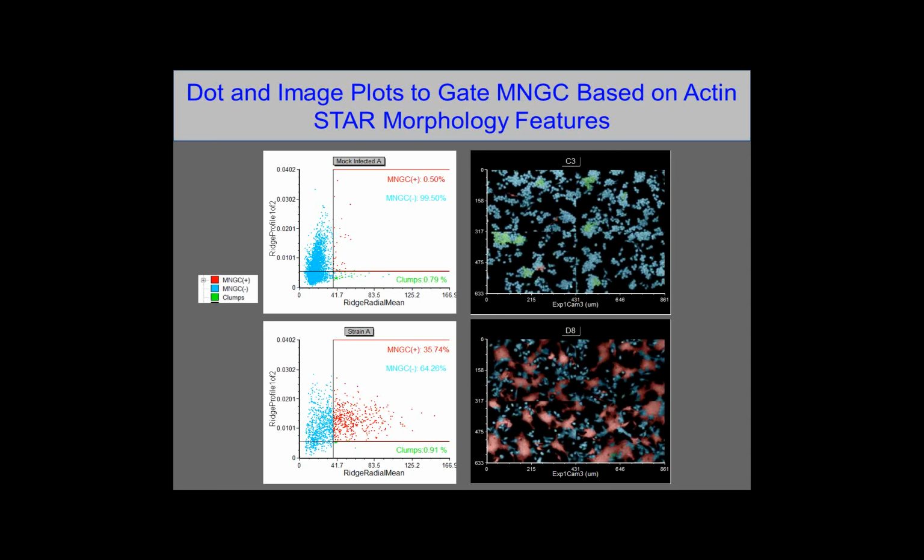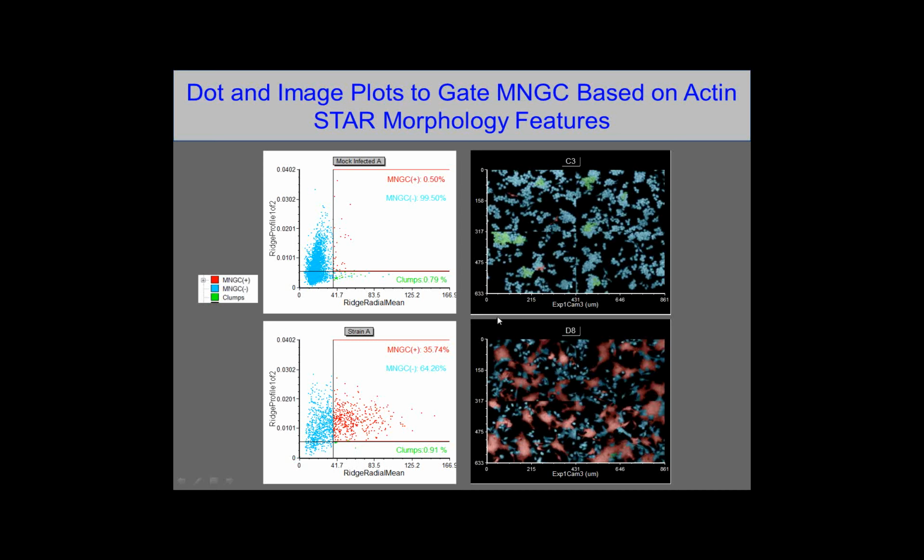So you can immediately see here that these objects in the lower panel, the positive control, colored in red, are actually belonging to the MNGC plus, and they're large. They really look like the MNGC objects that we defined before, whereas the blue objects are defined as MNGC minus. Of course, in the negative control, there are way more MNGC minus objects when compared to the positive control.